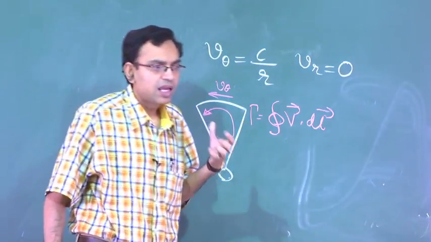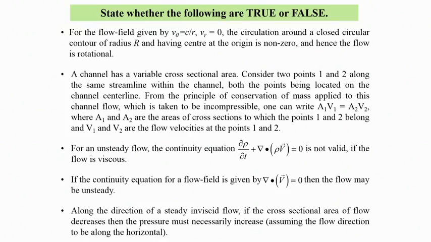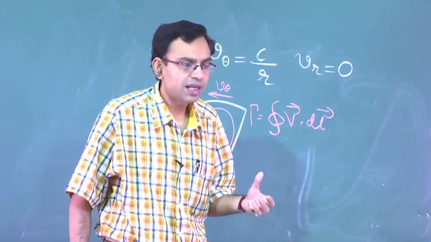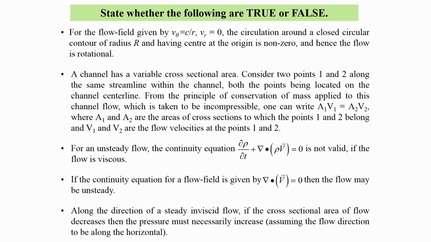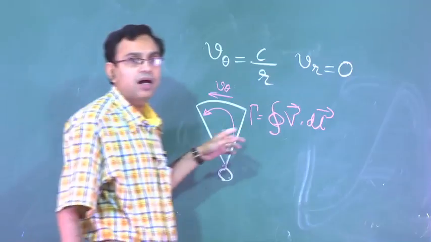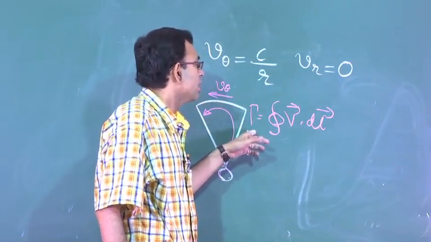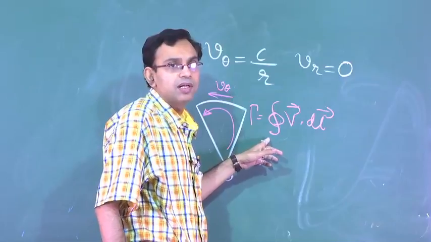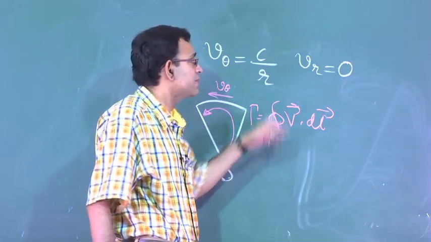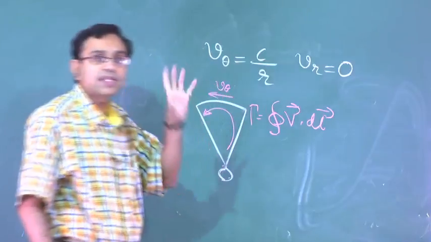If you look at the question again, the last sentence says, hence the flow is rotational. So, if the circulation is not equal to 0, it is supposed to be rotational, but in this case this flow is actually irrotational. So, where is the fallacy?